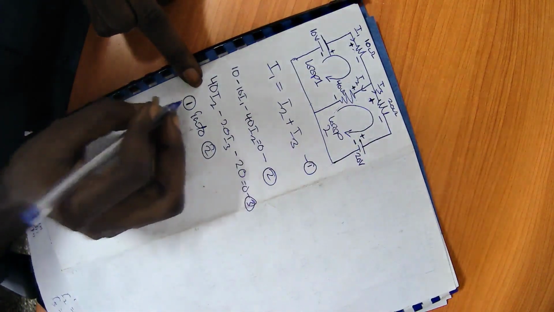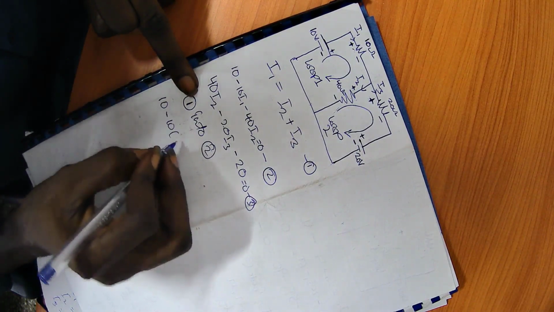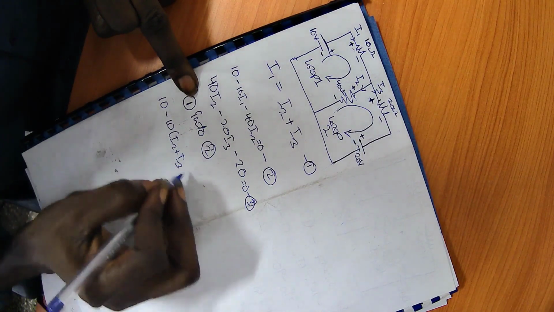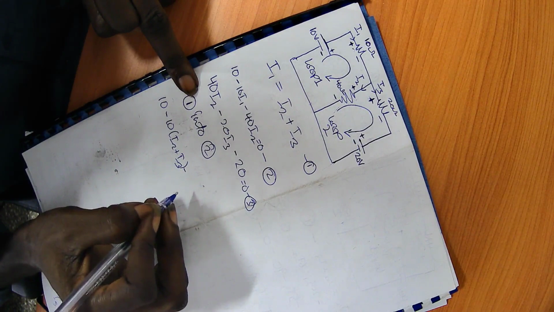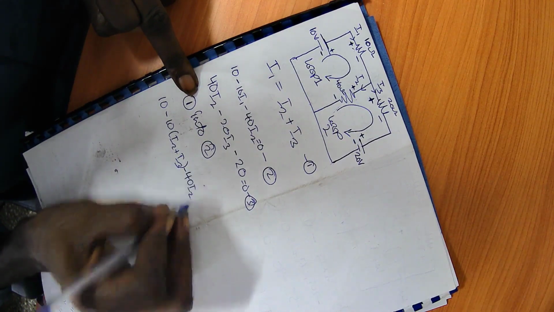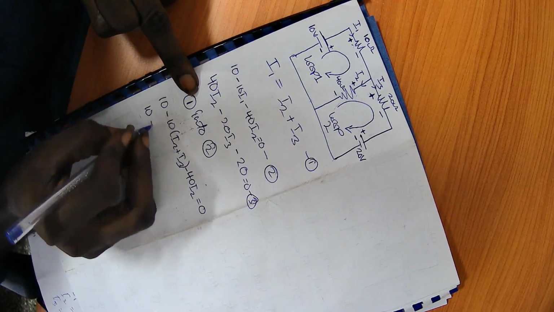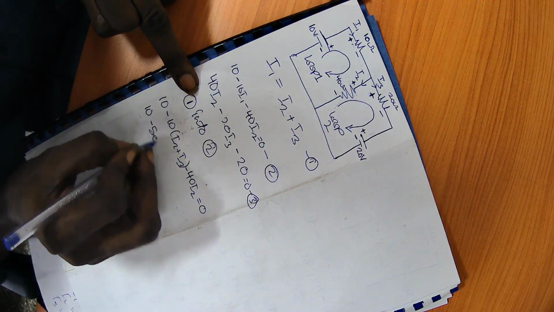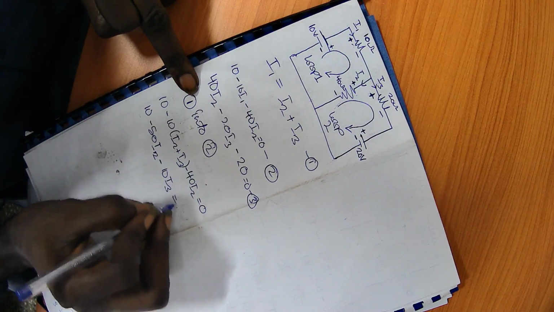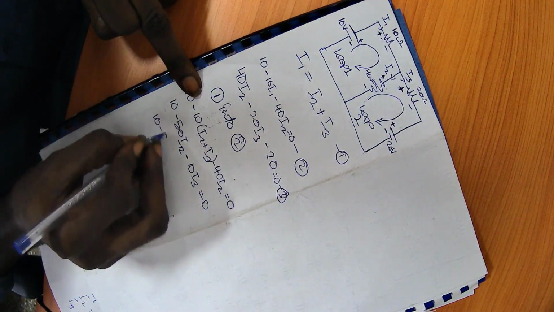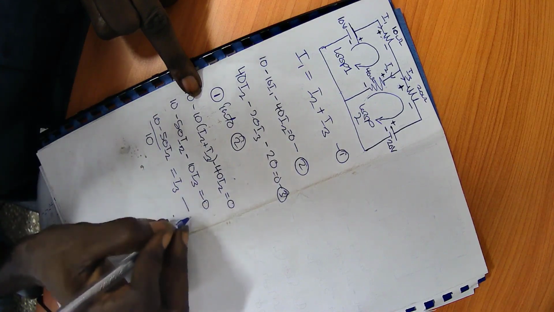Let's say equation 1 into 1 into 2. So if we should simplify this one, we will have, so this is equation 4.